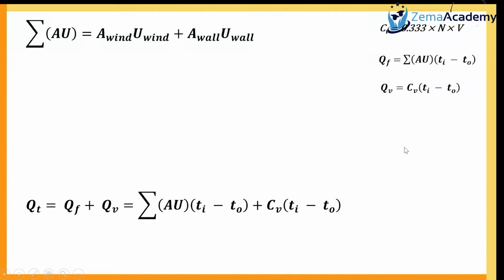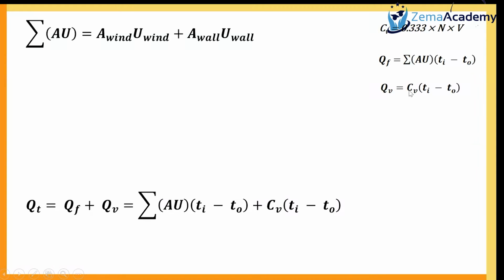How much? So the fabric is 282. Okay, yes, excellent. And QV is 380. Let's check. The ventilation conductance is 20, and the inside temperature is 20 and the outside temperature is 0.